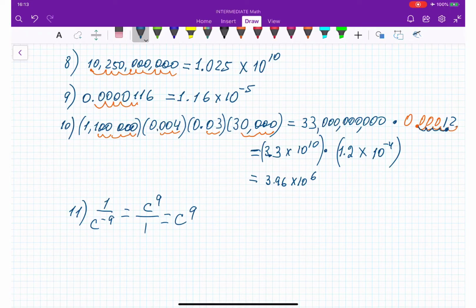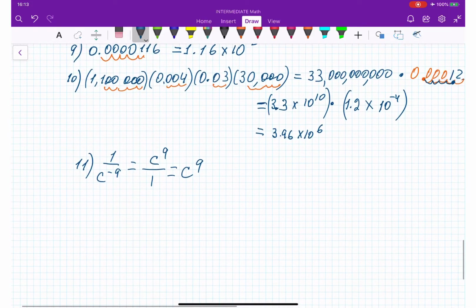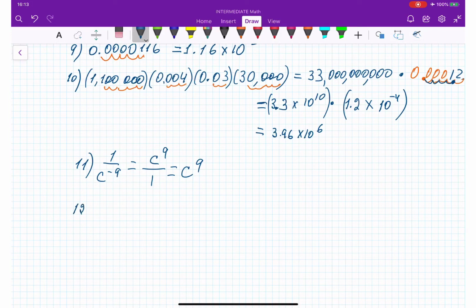Number 12. We need to simplify. It's going to be 2 a to power 6, b to power 5, and c to power 3, all to power 3.